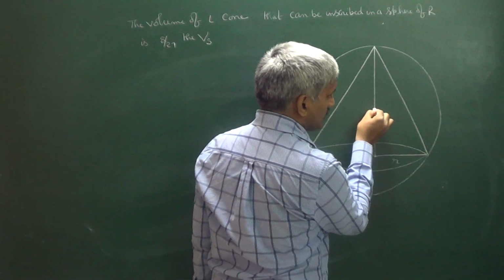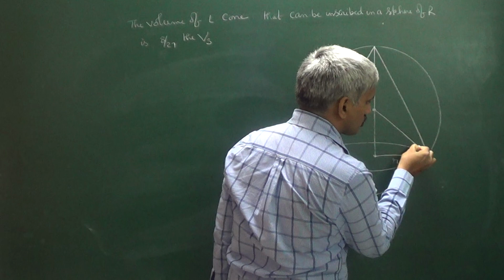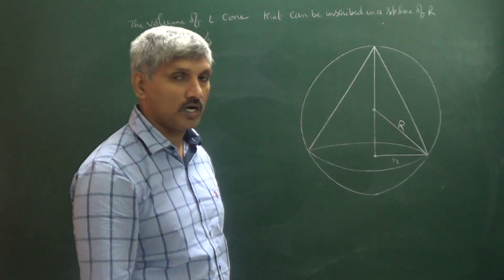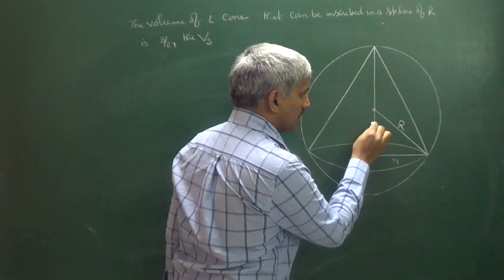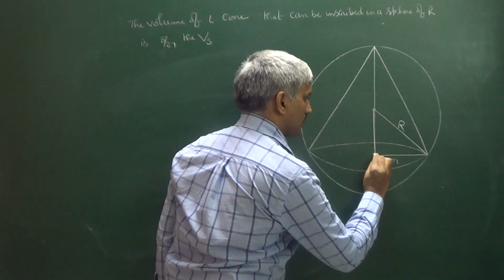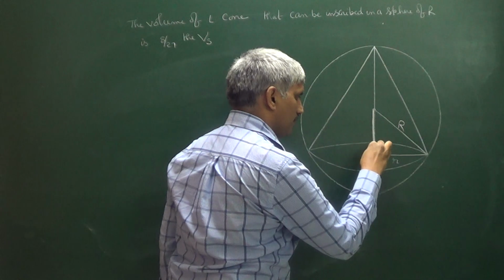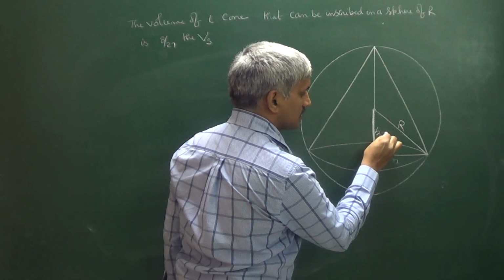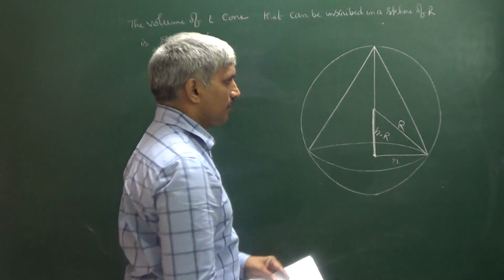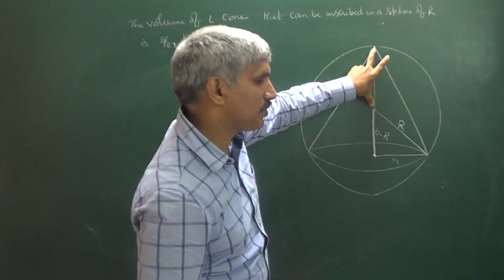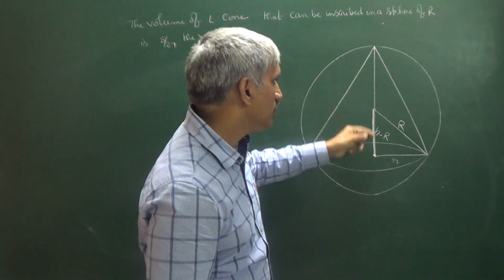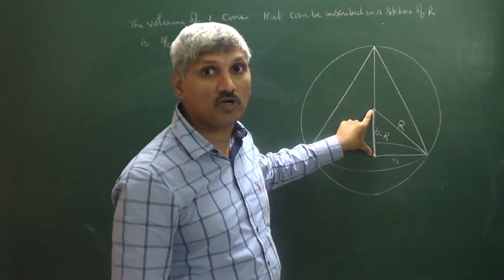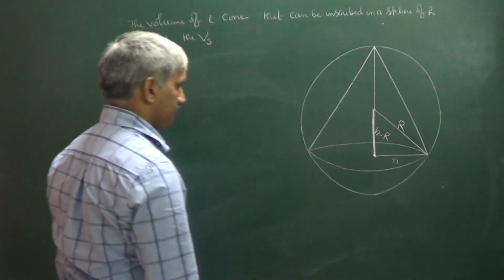Now, the sphere radius is equal to capital R. Now can anyone say what this length is? The height of the cone is h, and from it, if you subtract the radius of the sphere, you will get this length. That length is equal to h minus R.